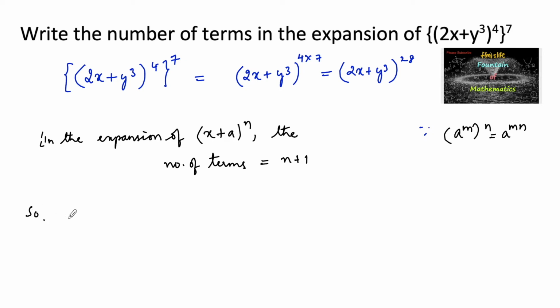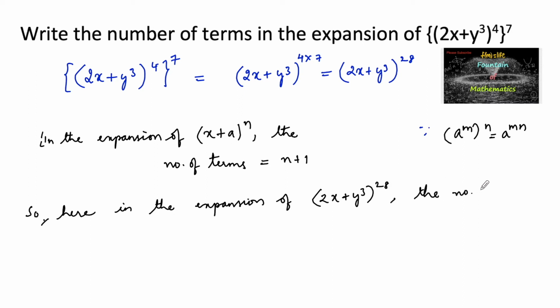So here, in the expansion of (2x + y^3)^28, the number of terms is equal to 28 + 1, that is 29. So 29 terms will be there in the expansion of ((2x + y^3)^4)^7. Okay.